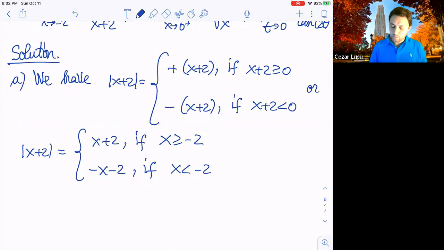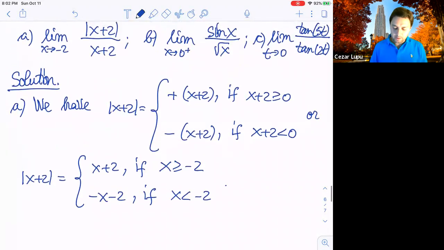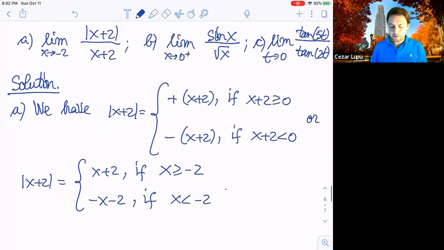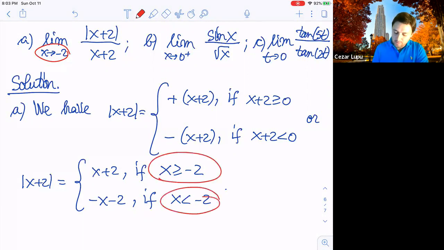Okay, and now what we're going to do is compute the limit. Keep in mind that I have the limit as x approaches -2. And now since the quantity on the top is the absolute value of something, maybe I should look at the left-hand limit and the right-hand limit. So let's do that.